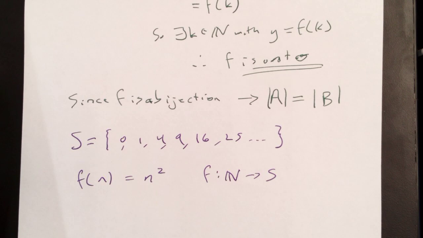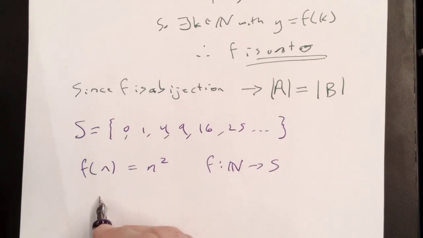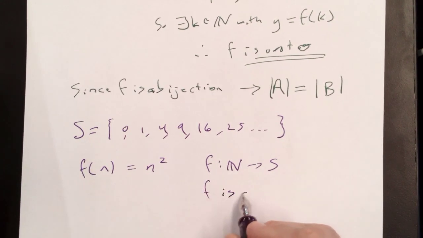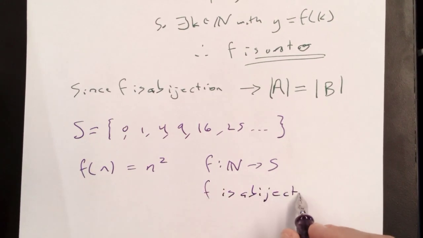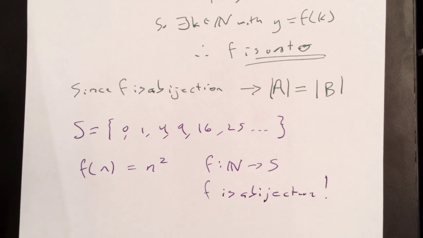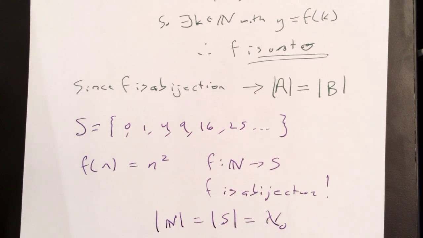It's 1-to-1. More than that, for this set S, it's onto. There are just as many squares as there are even numbers, as there are regular numbers, as there are multiples of 5.